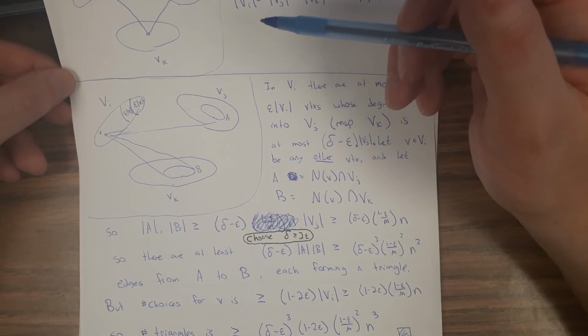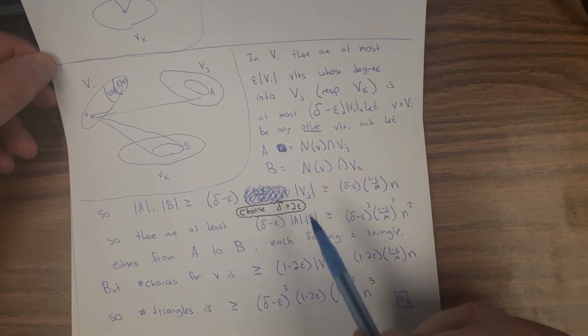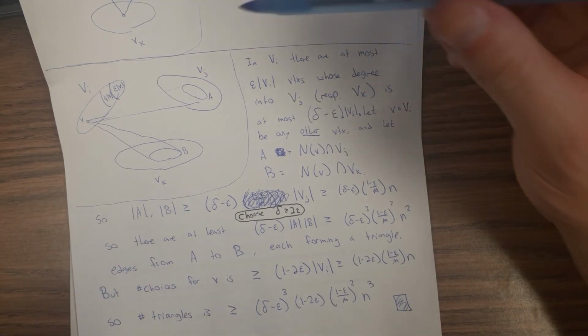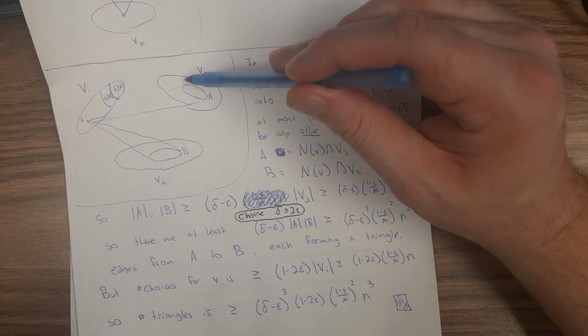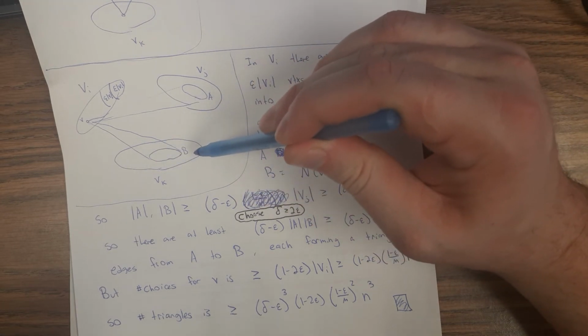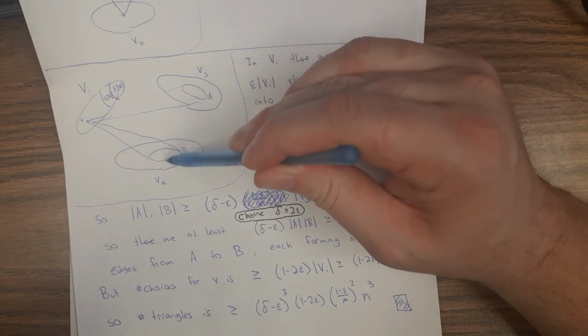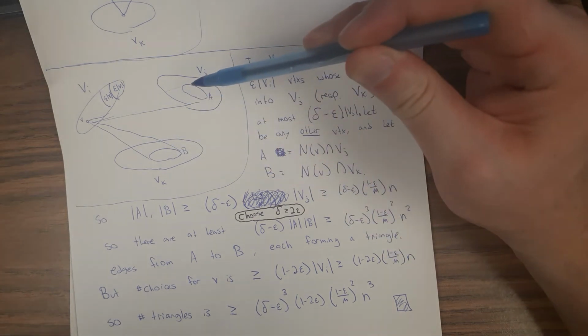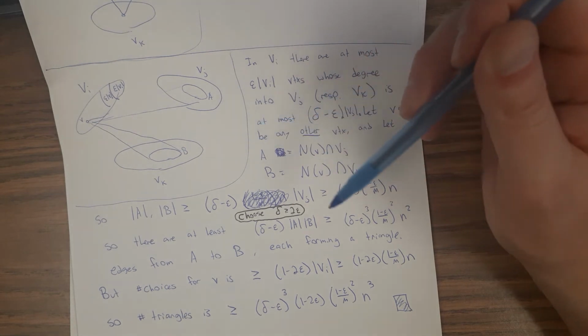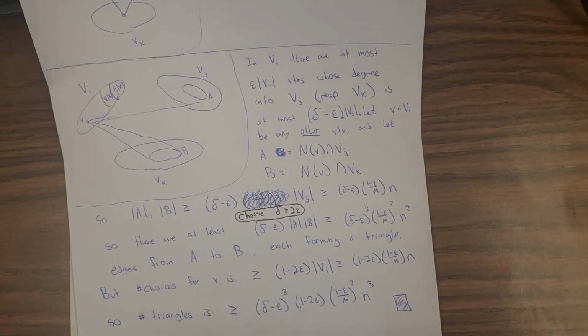More precisely, and this is another spot where we have to talk about our choice of epsilon and delta. Vj and Vk is an epsilon regular pair, and I have a subset A and a subset B, but I have to make sure that these subsets are large enough, right?